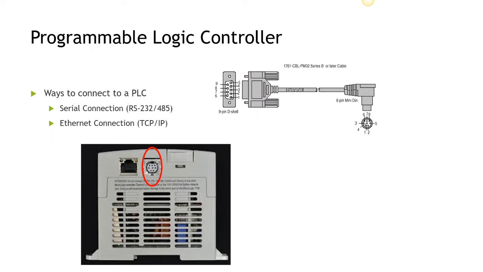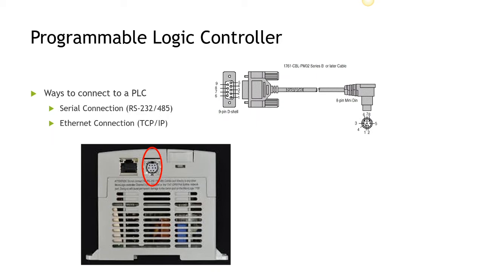The nice thing about a serial connection is it has a certain amount of security built into it, because you physically have to go to the PLC and connect to it. That means you have to get into the control cabinet to be able to connect to it.